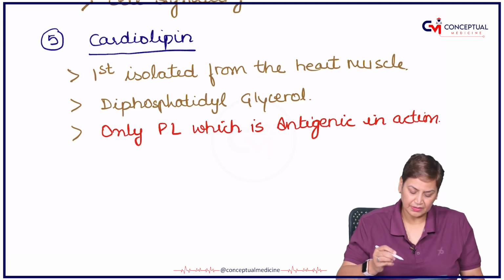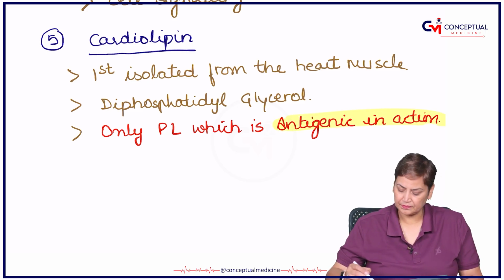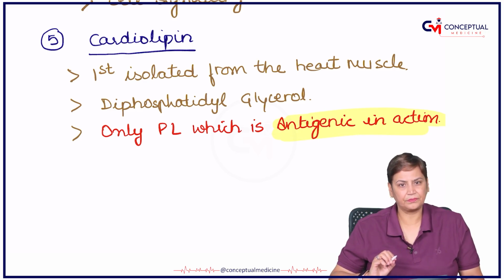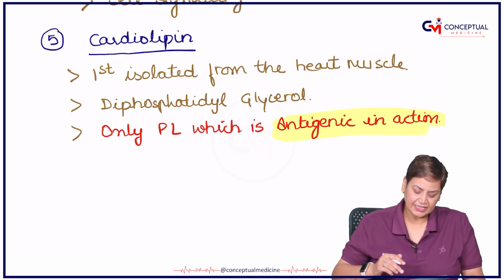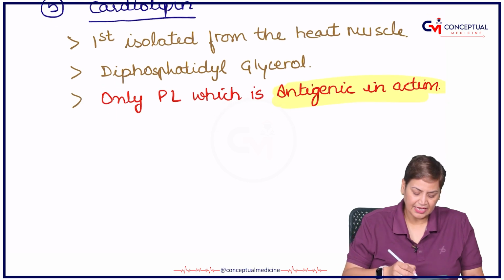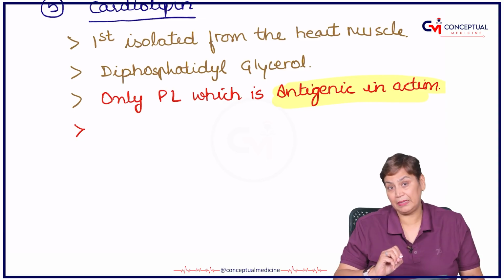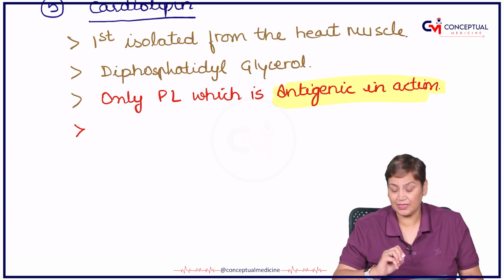Very important. Right. Now, if it is antigenic, what is its function? It can recognize the antibodies against Treponema pallidum, which is responsible for causing syphilis, which is again a sexually transmitted disease.